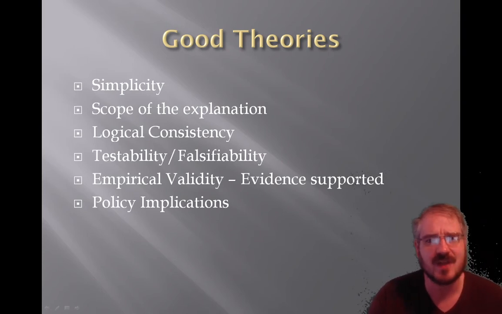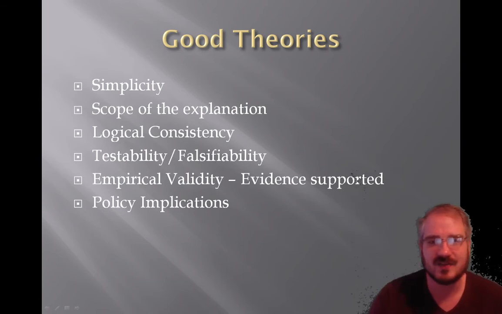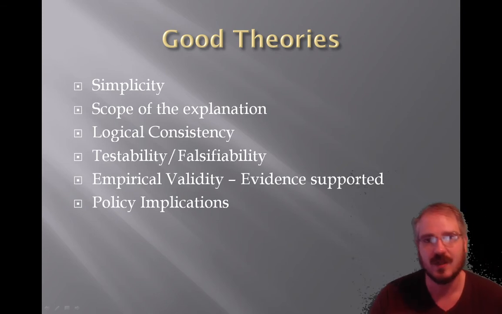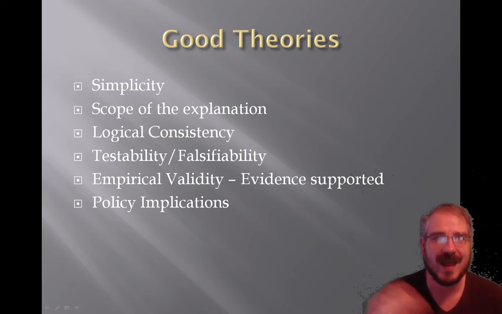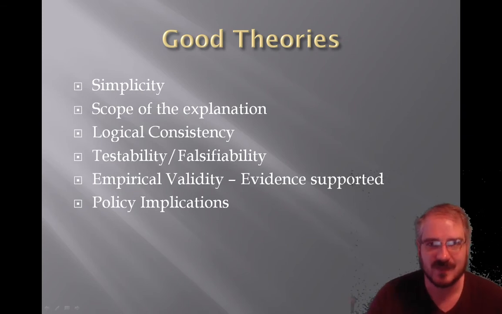And then finally, we have to talk about policy implications, right? Just assuming this theory is true for a second, what does that mean about what we should do as citizens? What should politicians do? How should we change our criminal justice system based on the knowledge we've gained from this theory?